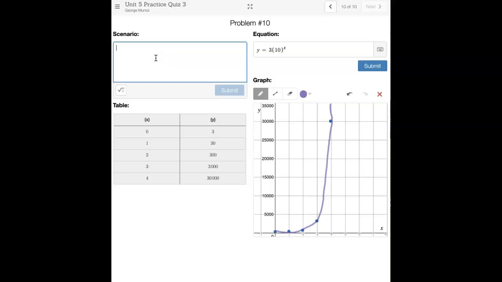And a scenario. Remember, you can make up anything you want, guys, for a scenario, as long as it makes sense. Like, you start out with $3 in a bank account, and it multiplies by 10 every year. Or you start out with 3 bacteria, and they multiply by 10 every hour. You can make up whatever you want, as long as the initial value and rate of change kind of correspond with what's happening.